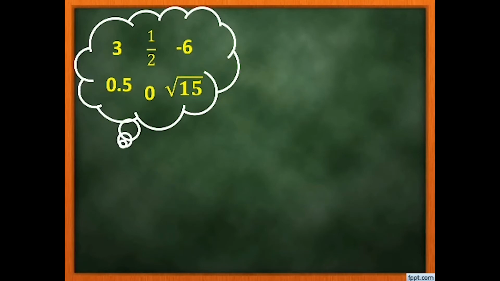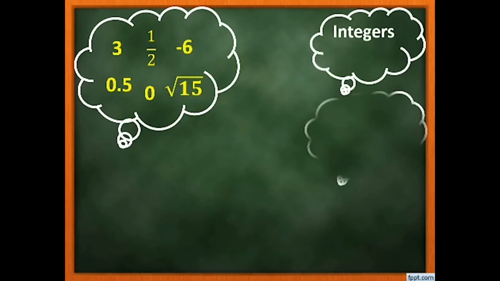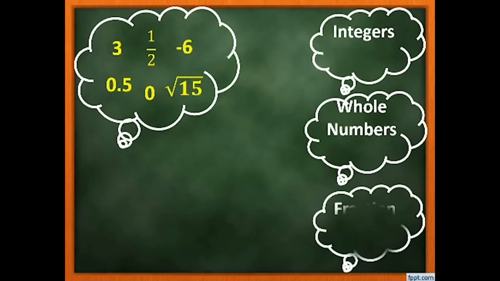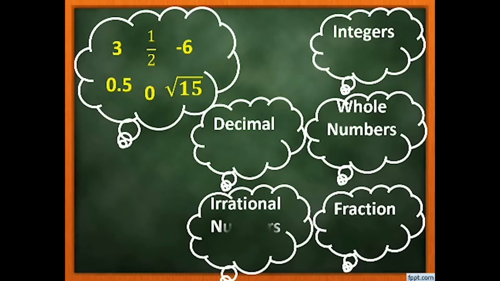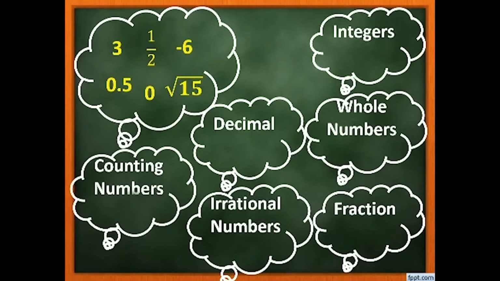Then you would identify the category of the following numbers. So the options would be integers, whole numbers, fraction, decimal, irrational numbers, and counting numbers. So pipiliin nyo lang po if saan natin ilalagay yung bawat number na given.